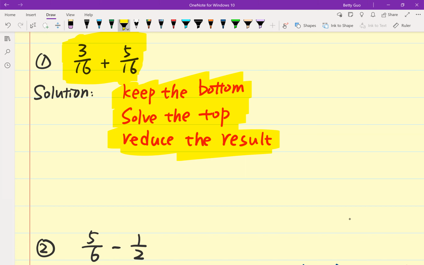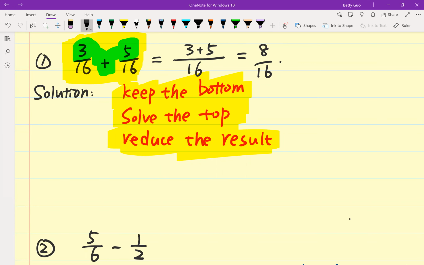That's kind of obvious, right? If the 2 fractions have the same denominator, when you add them together, you just keep the denominator. The denominator will still be 16. And solve the top: 3 plus 5 is 8.